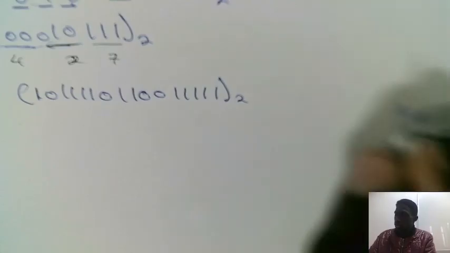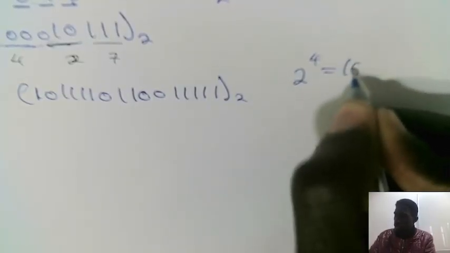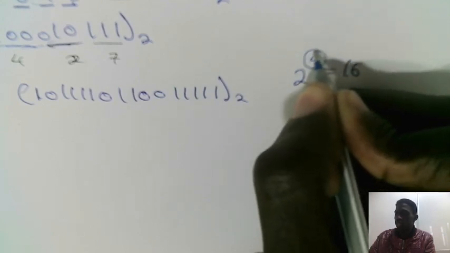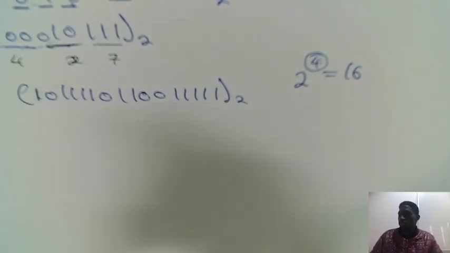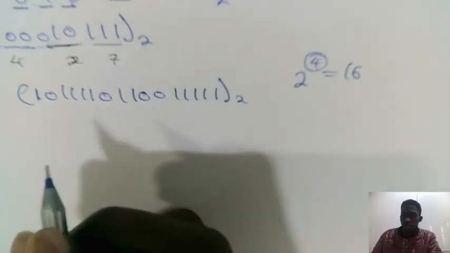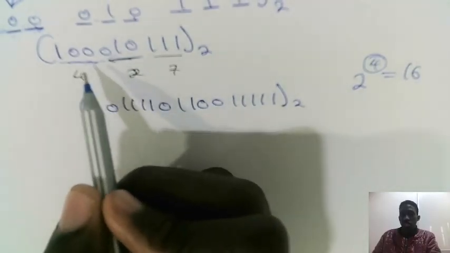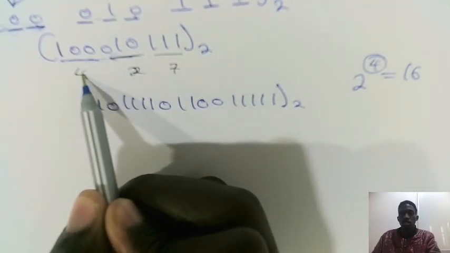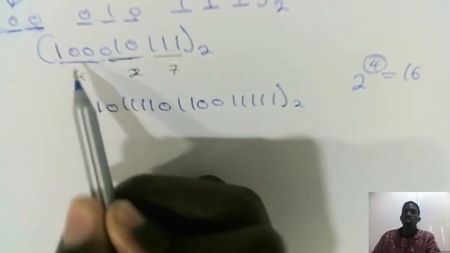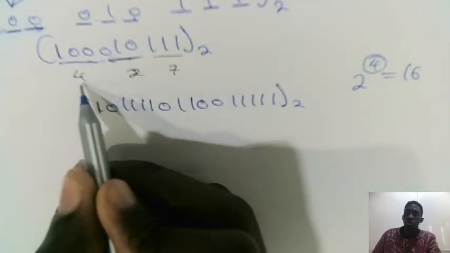If you look at it, 2 to the power 4 is equal to 16, so 4 bits. That's where the 4-bit relationship comes from. If you look at our previous example, you will notice that 3 bits of the number in base 2 correspond to 1 digit of the base 8 number.